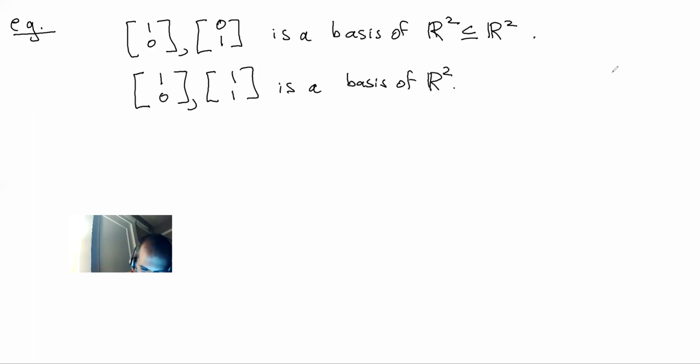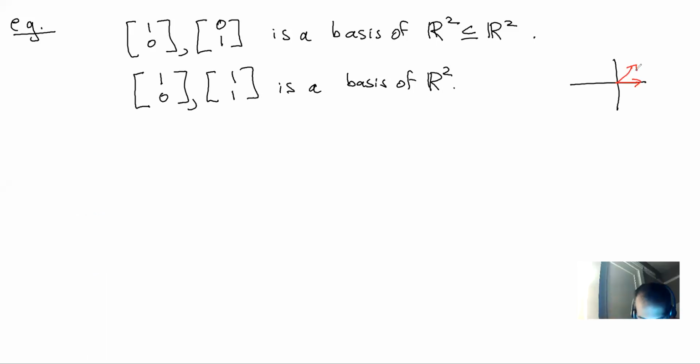So the second set looks a little different, right? If you were to plot them, the vectors look like this. But indeed, their span is equal to R2, and they're linearly independent. I mean, to check linear independence, you just see that they're already in row echelon form and there's a pivot in every column.